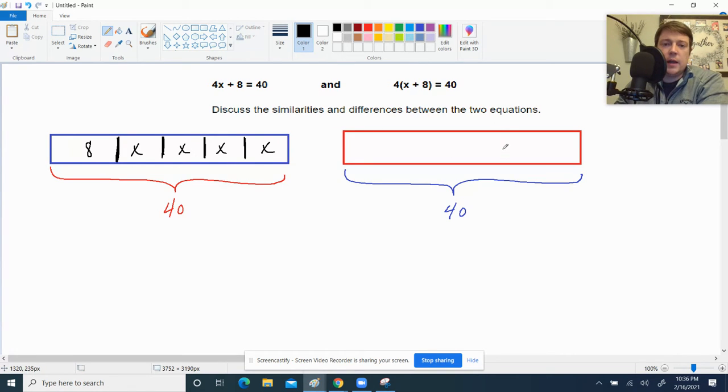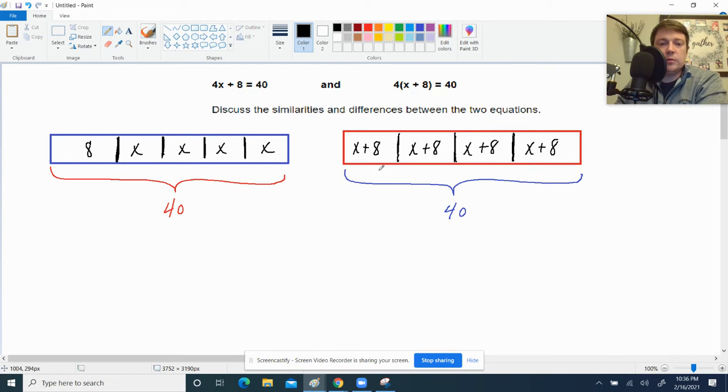All right, now over here, this is a different story. This one on the right has 4 groups of x plus 8s. So 4 equal groups would be straight from the get-go, splitting this up into 4 equal parts. And every one of those parts inside is an expression of x plus 8, x plus 8, x plus 8, x plus 8, and so on and so forth.